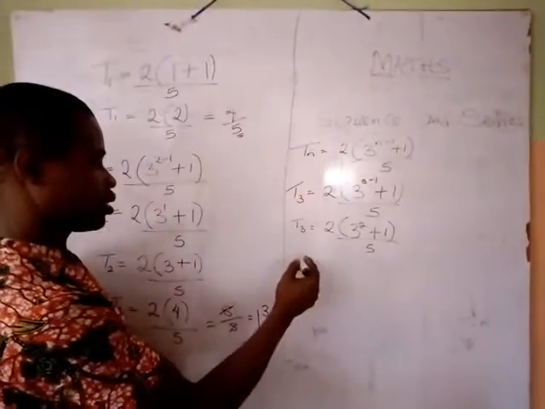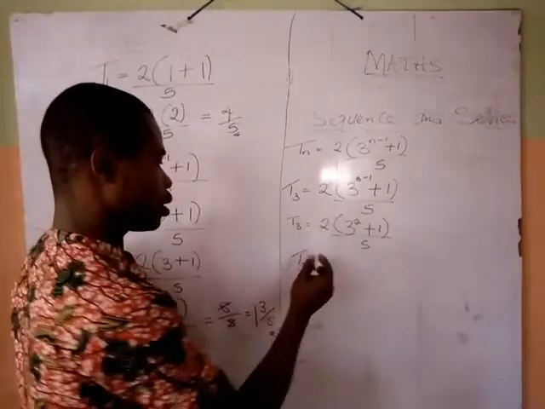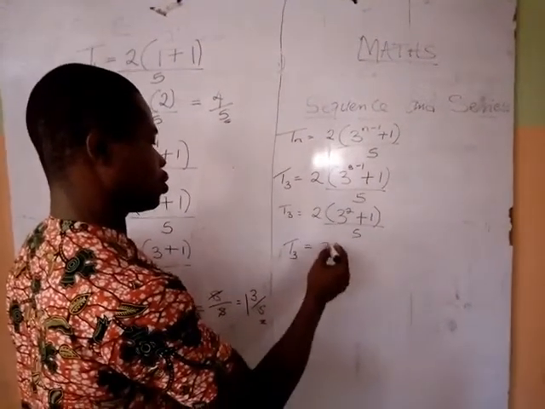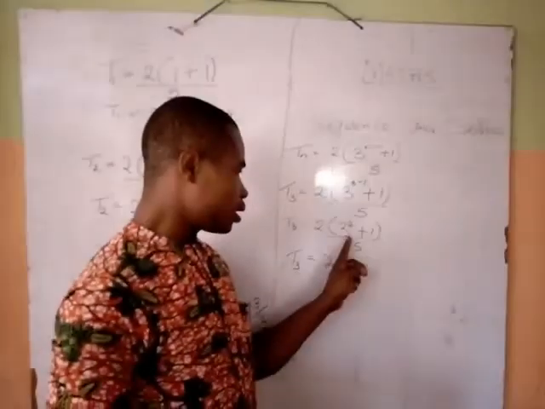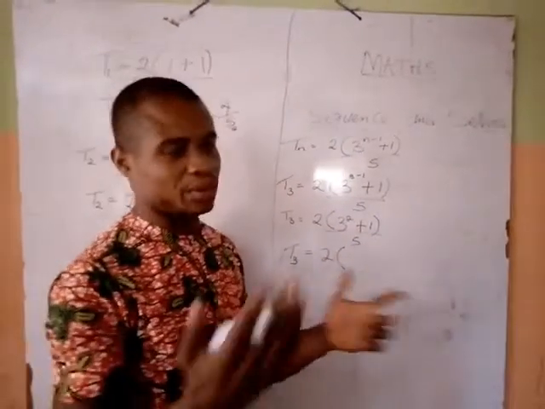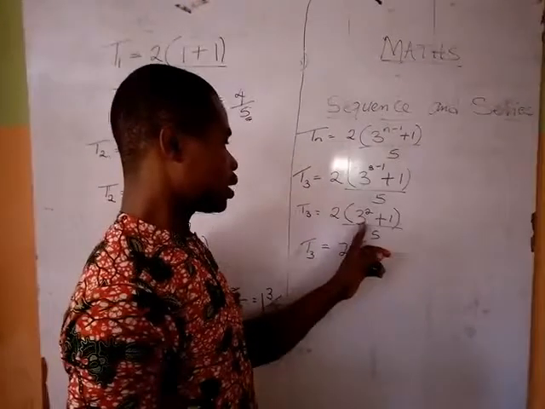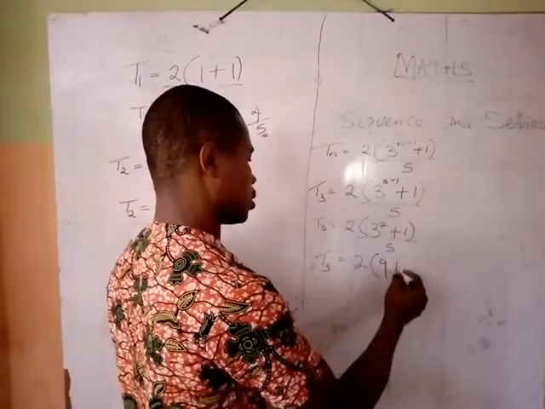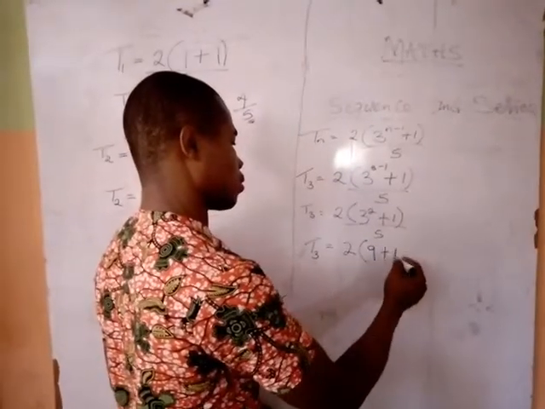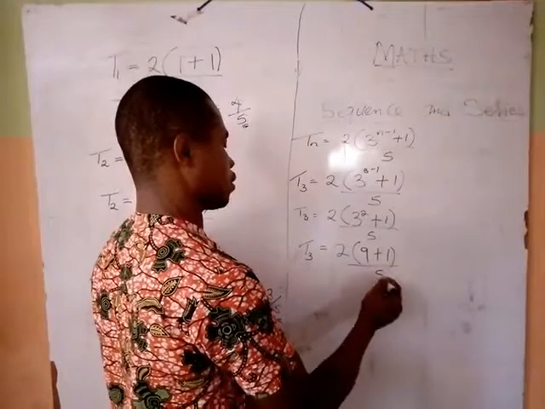Then T3, just bring down your T3 equal to 2 in bracket, 3 raised to power 2, which is 3 multiplying itself twice. 3 times 3 will give us 9, plus 1. You close the bracket, all over 5.